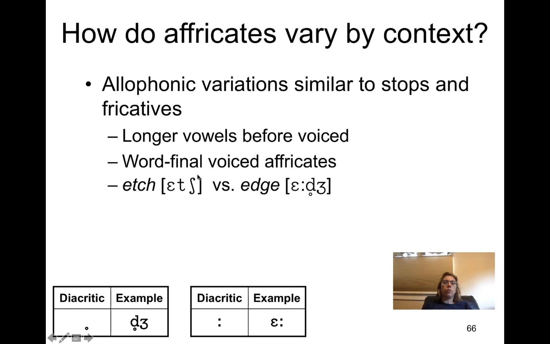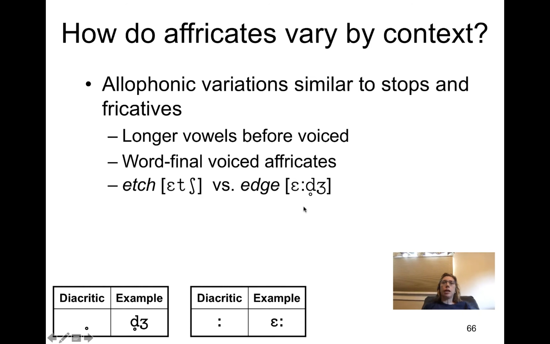So again, we will have our word-final voiced affricates. Our word-final voiced affricate j often might have some partial devoicing. In a word like edge, will we say it with a big j? Maybe not, but we're also not going to say etch.